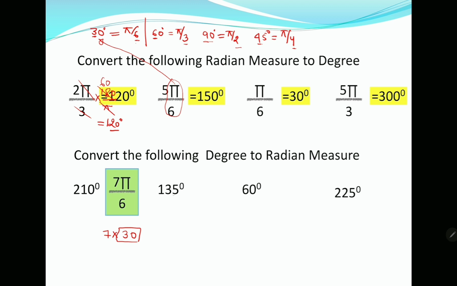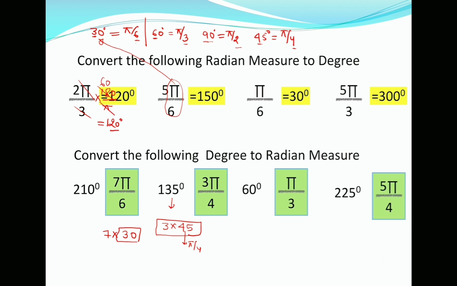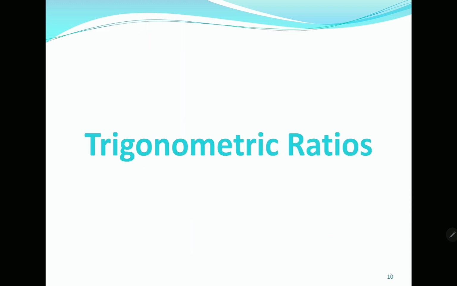So answer is 7 pi by 6. 135 can be written as 3 into 45. 45 is pi by 4. Answer is 3 pi by 4. 60 degree is pi by 3 and 225 is 5 pi by 4, because 225 can be written as 5 into 45. Therefore 5 pi by 4.